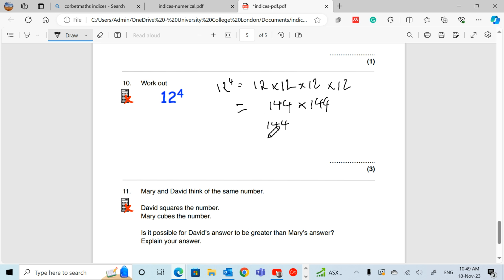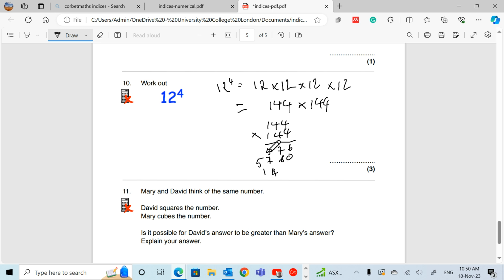And that will give you 144 times 144. Because it's a 3-mark question, the long multiplication starts. 4 times 4 is 16, 4 times 4 again is 16, plus the 1 is 17, 1 times 4 is 4, plus the 1 is 5. Then a 0 here. 4 times 4 is 16, and 4 times 4 again is 16, plus the 1 is 17, and you have 1 times 4 is 4, and then 5, and 4, because it's the same row.